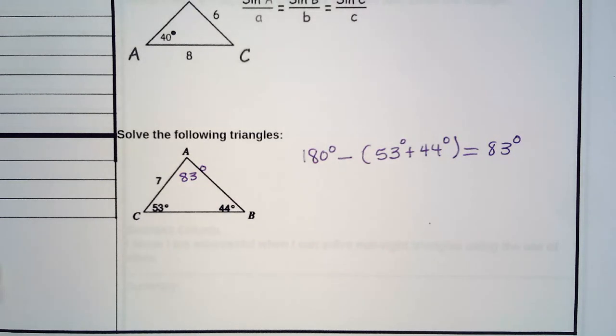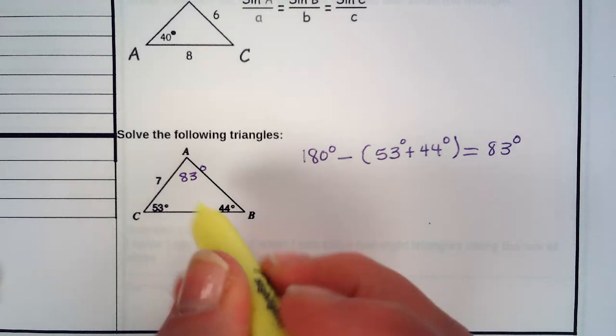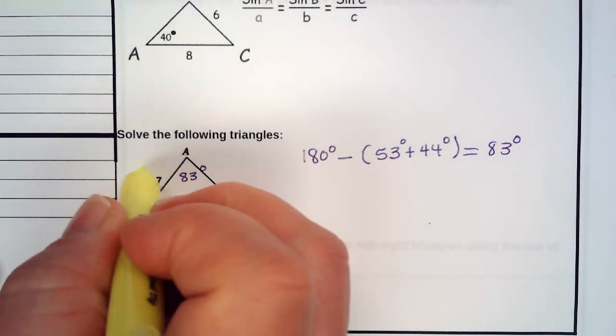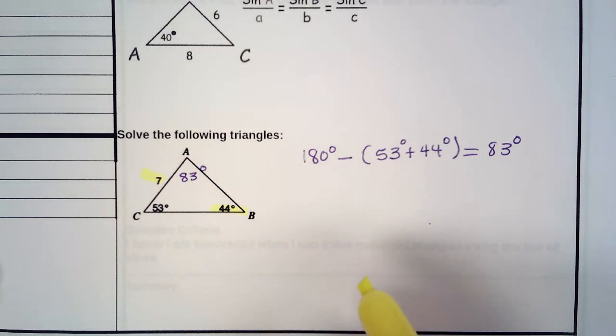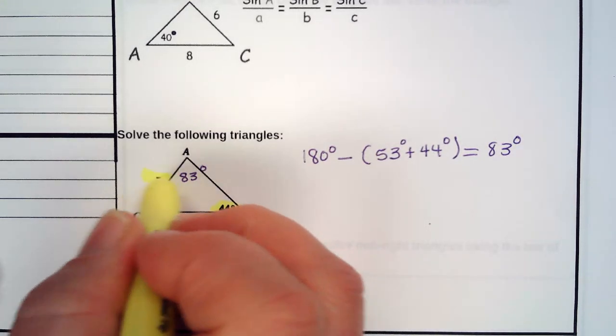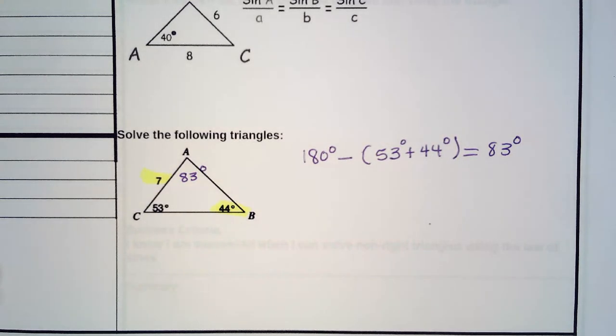Now we've got to make sure that we've got those matching pairs. I've got angle B and side B. So I have to start with them every time.